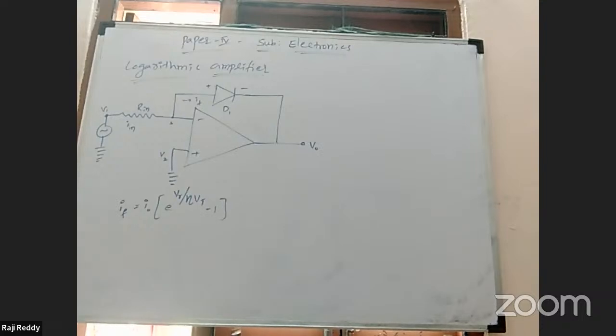VT is the voltage equivalent of temperature. Done. Then we can take two conditions. If you restrict the operating region of VR, this entire value becomes more than one, and only on that condition is it possible. Okay, now.